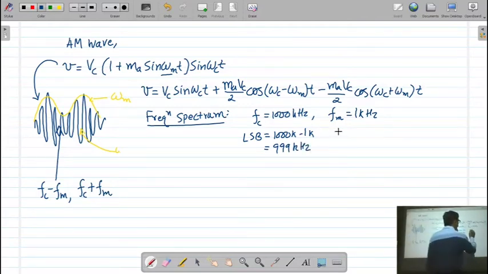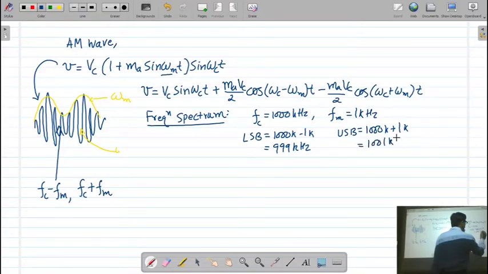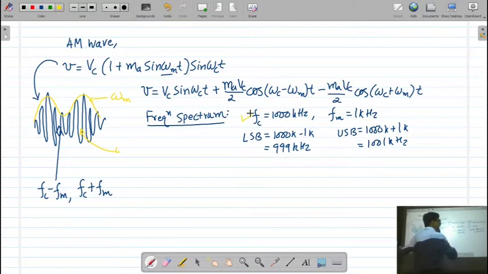And the frequency of the upper sideband is 1000 K plus 1 K, it is 1001 kilohertz. So in this frequency spectrum, I have to represent Fc, then Fm, then the lower sideband frequency and the upper sideband frequency. These four frequencies we have to represent on a frequency spectrum.